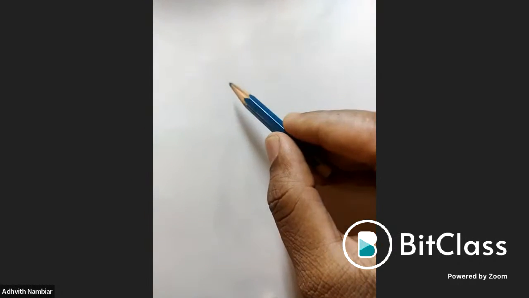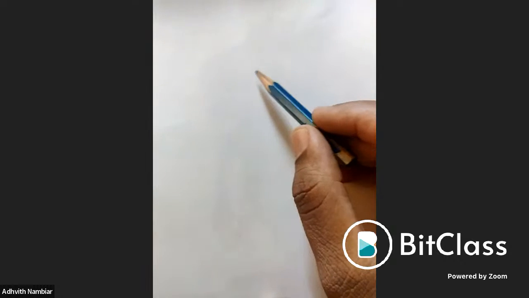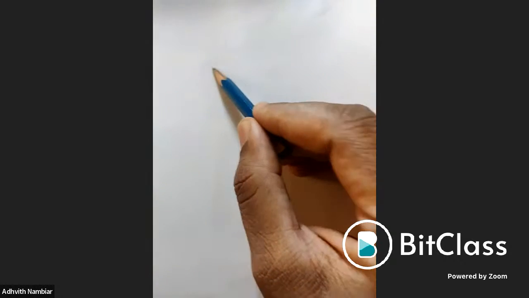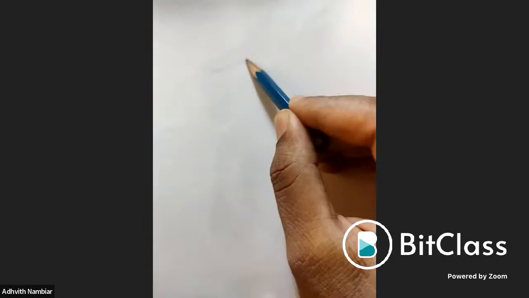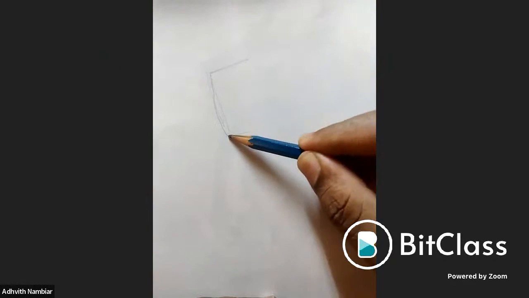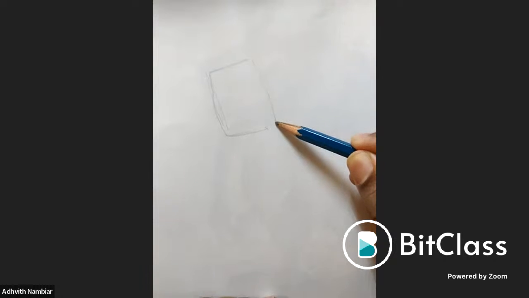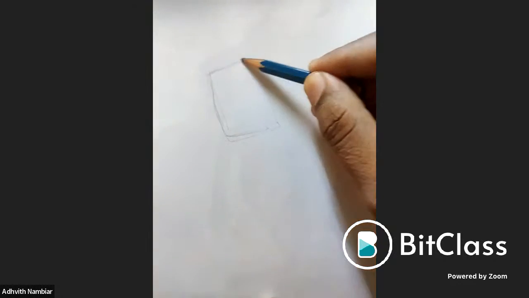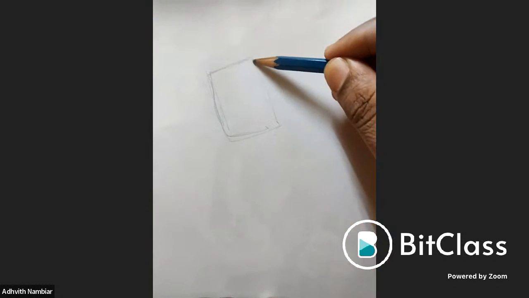So over here, I'm going to start off by making a kind of rectangle. Okay, like a tilted rectangle, like this.